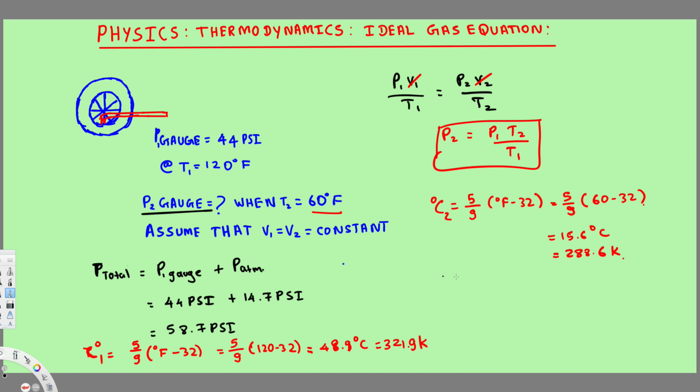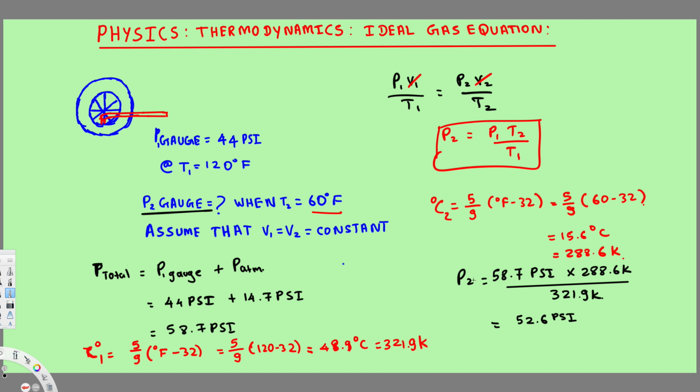Here we are going to have P2 is equal to P1, that is 58.7 psi, times T2, 288.6 Kelvin, divided by T1, that is 321.9 Kelvin, and that is equivalent to 52.6 psi. So this is P2 total.